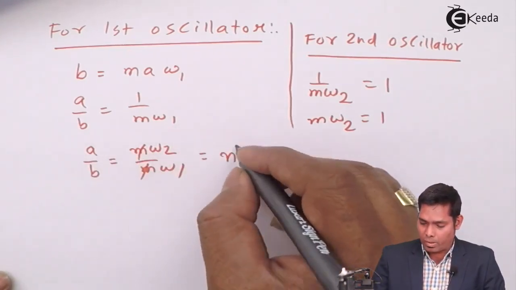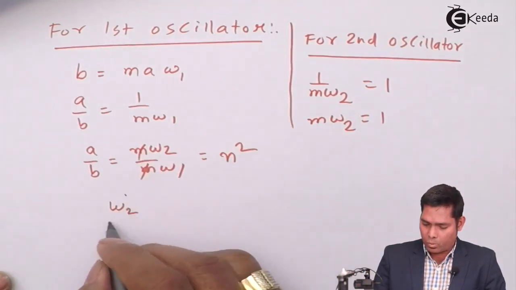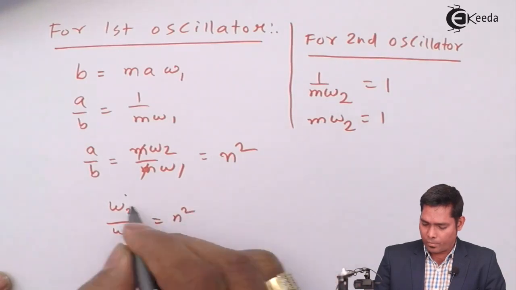A by b is n square, so n square is omega 2 over omega 1.